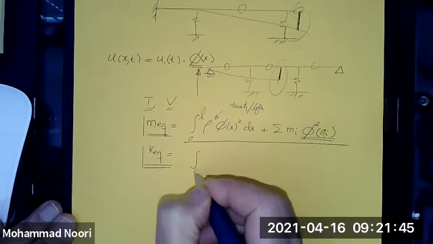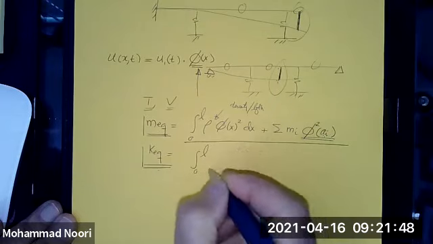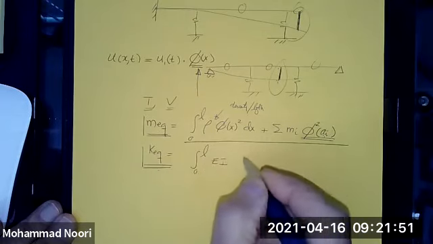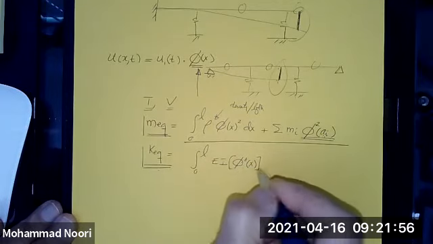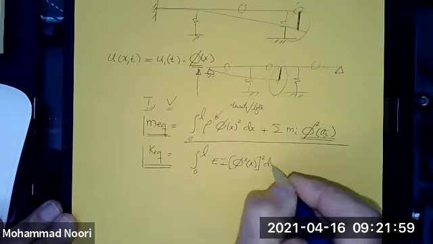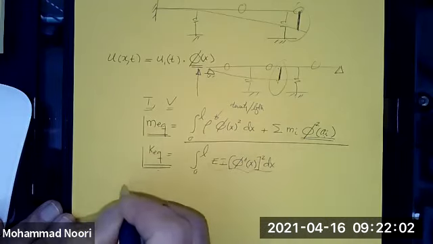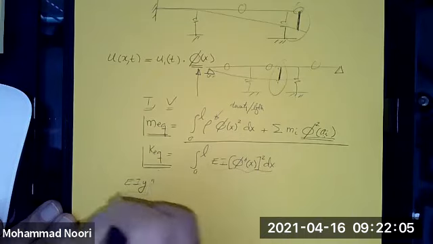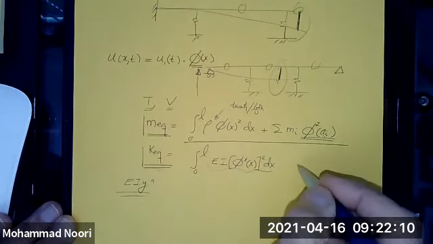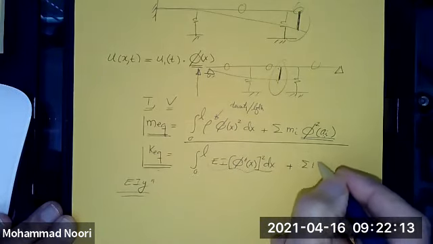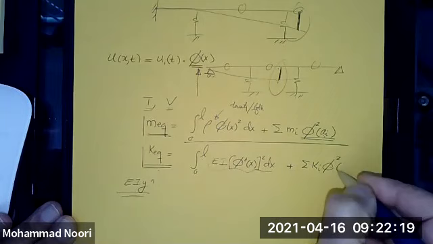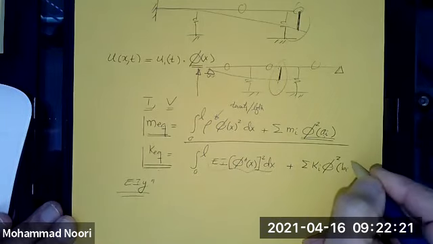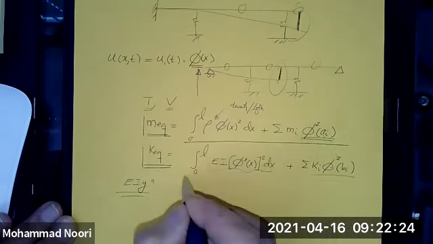And the equivalent stiffness comes down to finding this integration, which is what you've had in strength of materials, okay? Remember this. This is nothing but that differential equation, right? That you had in strength of materials, plus the contribution of each lumped spring, which is the stiffness of each times the square of that shape function evaluated at the location of these springs.